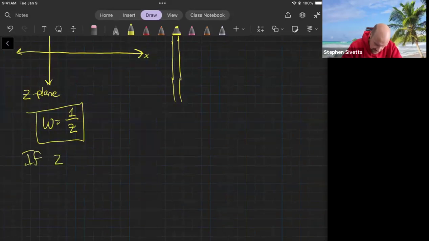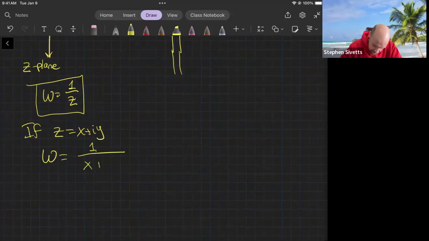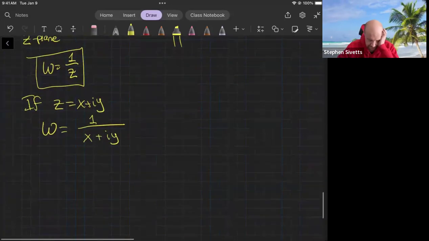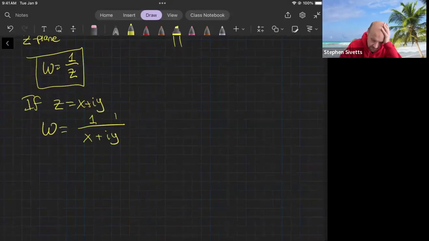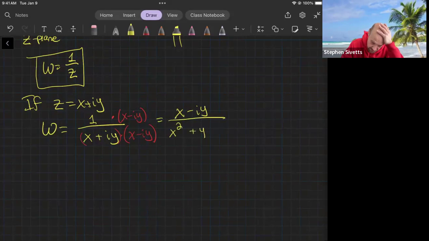So if z is equal to x plus iy, then w would be 1 over x plus iy. But this is division of complex numbers here, so what we need to do is multiply the numerator and the denominator by the complex conjugate of the denominator. So this equals x minus iy divided by x squared plus y squared.